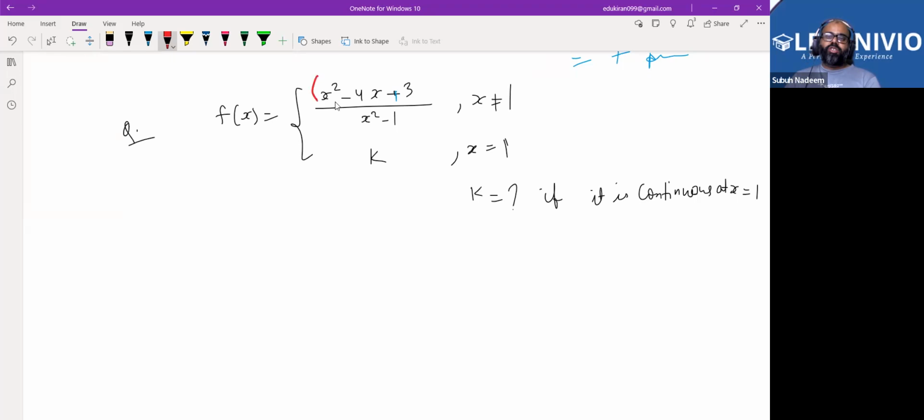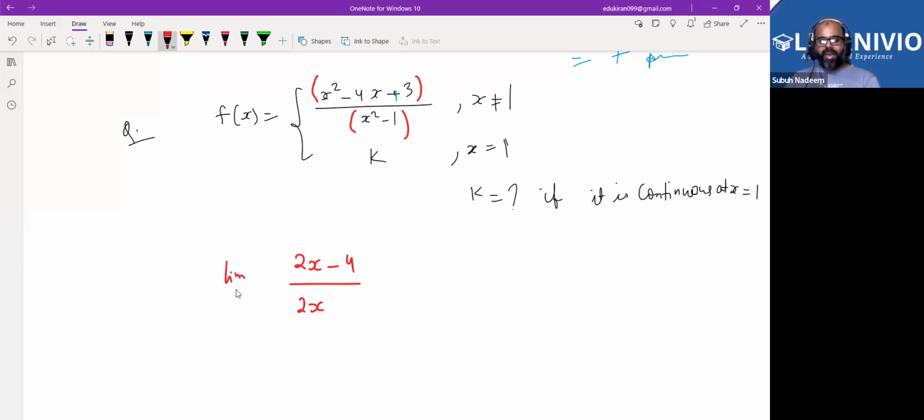What will be the differentiation of the numerator? Let us do it step by step. The differentiation of x squared is 2x, and of 4x is 4. The differentiation of 3 is 0. Now the differentiation of x squared is 2x, and of 1 is 0. So we get this.